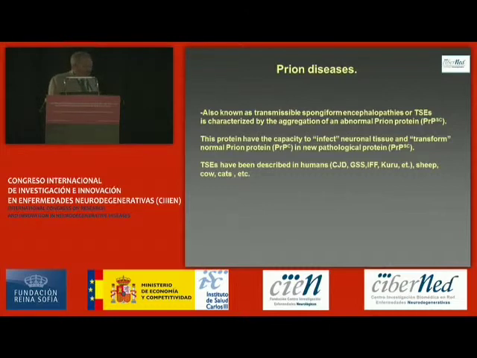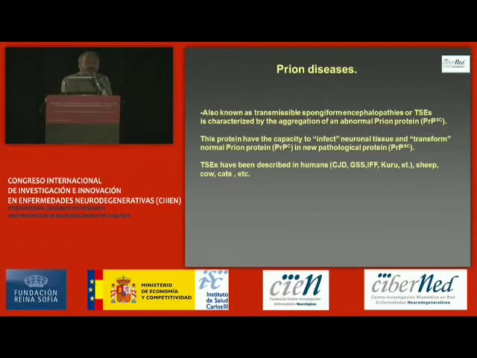I would like to give you some data on the prion protein because I need it for the presentation. Prion disease is a very well-known disease, and it was considered completely different because at some point it was the only case where we could say this is an infection by a protein.